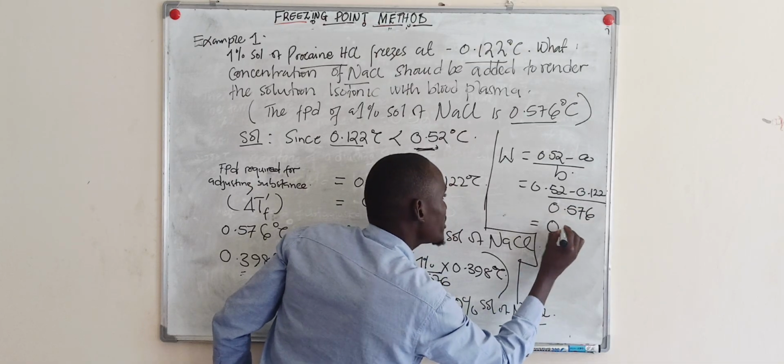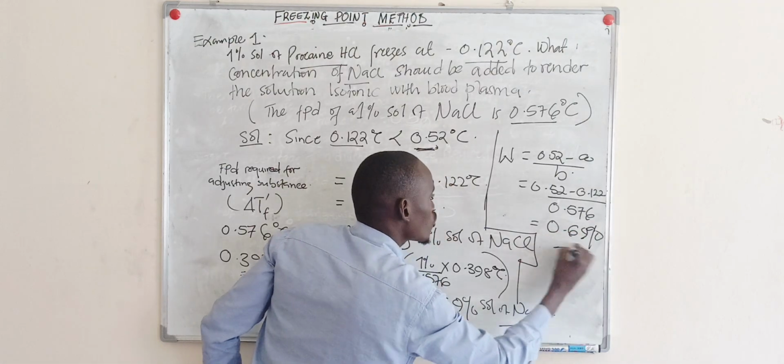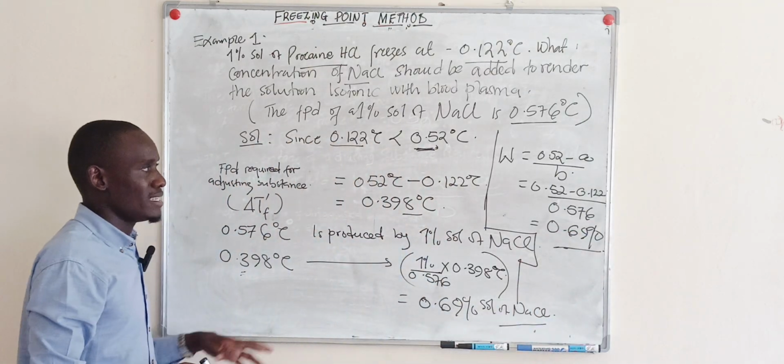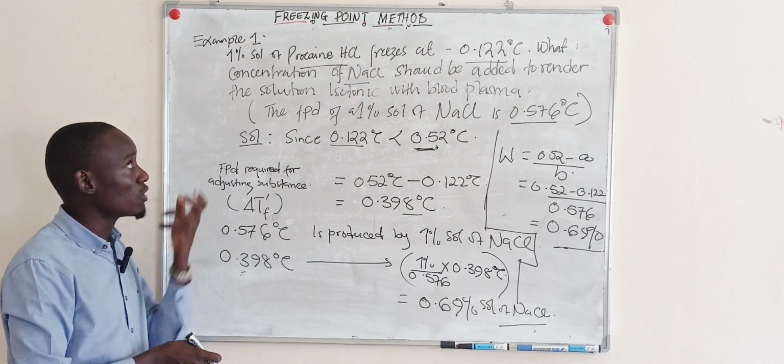And when you compute this, we shall still get 0.69% solution of sodium chloride. Therefore, that is how we attempt such a question.